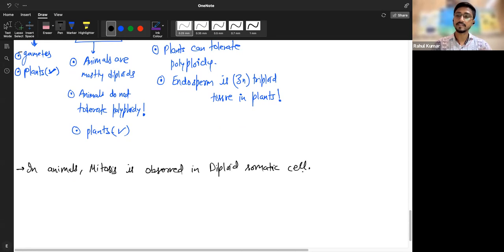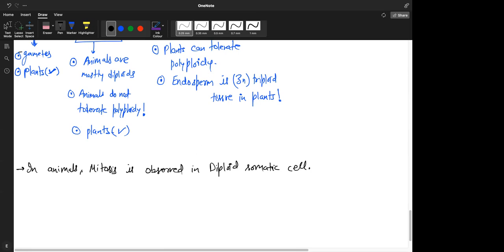Because apart from these cells, what other cells does an animal body have? Haploid germ cells. They do not show mitosis, they show meiosis. Currently, we don't have to worry about that. Is it clear, everyone?